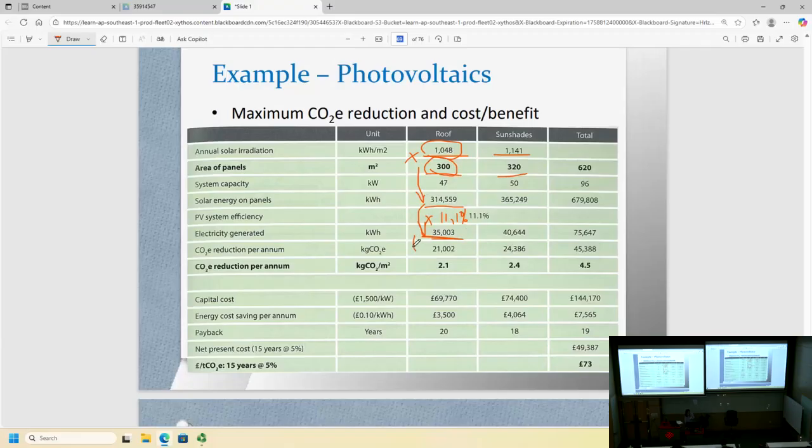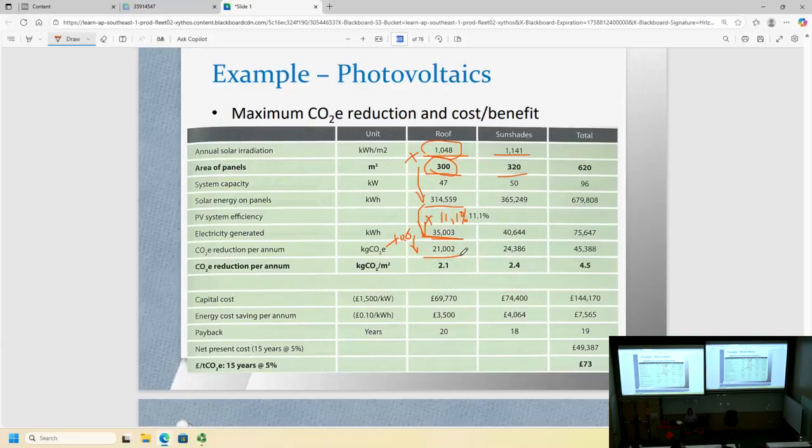And next, we multiply by the emission factor for electricity, which is assumed to be 0.6. We assume the emission factor for electricity in the UK to be 0.6 kg of carbon dioxide equivalent per kilowatt hour. So this is the amount of carbon dioxide reduction in a year.